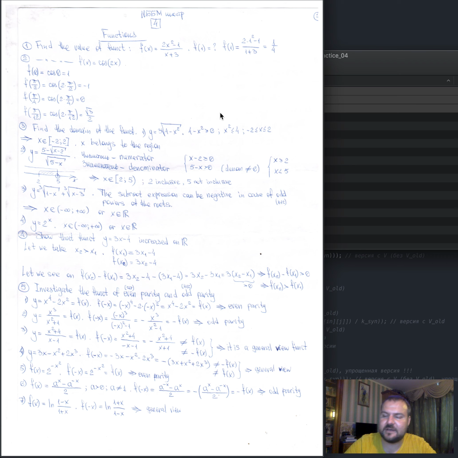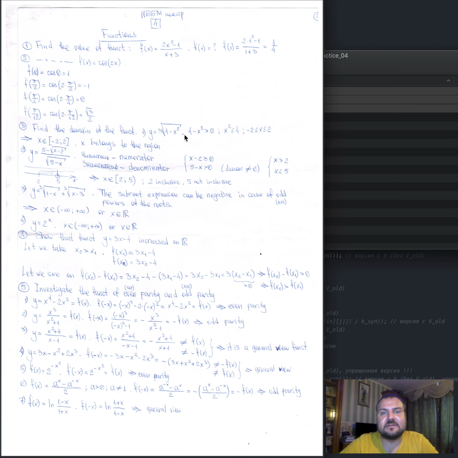We know that there is some condition on the expression under the square root. The expression under the root with an even power needs to be greater than or equal to 0. And so from this condition we find the x's.